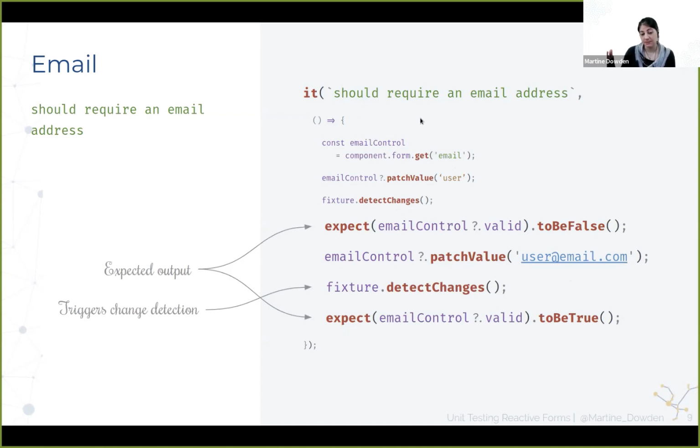So if you wanted to check a process from A to Z, or a chain of events, or a chain of calculations, you could do your first piece, expect that it's correct, do your next piece, expect that it's correct, and check that it's correct at every step of the way. It's just fine to put multiple expects inside of a test.